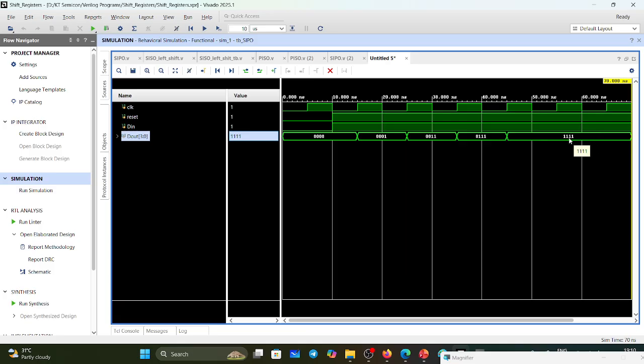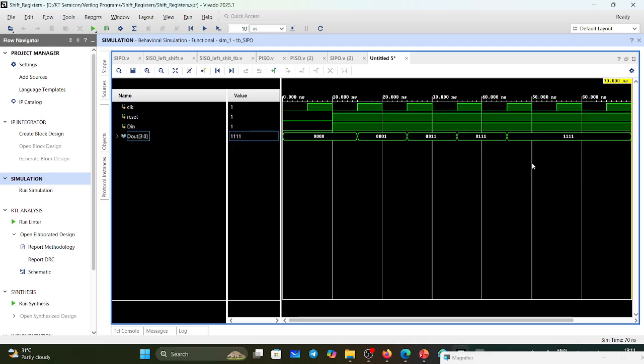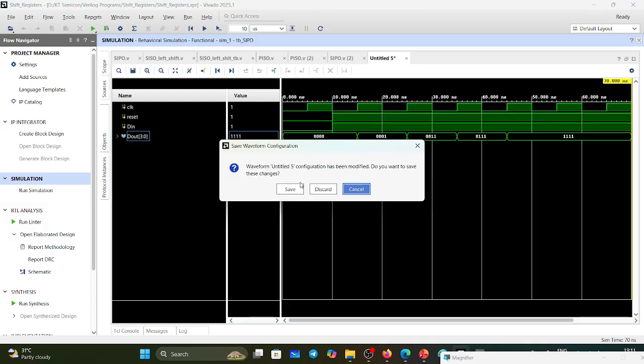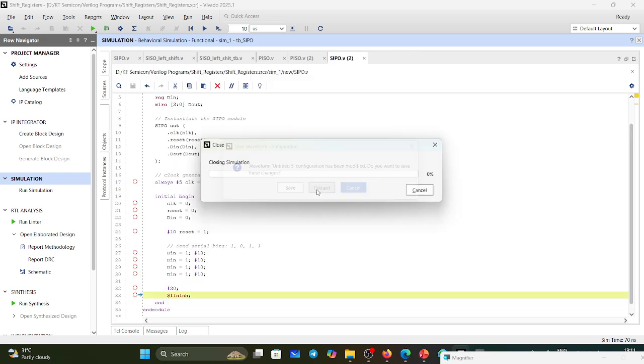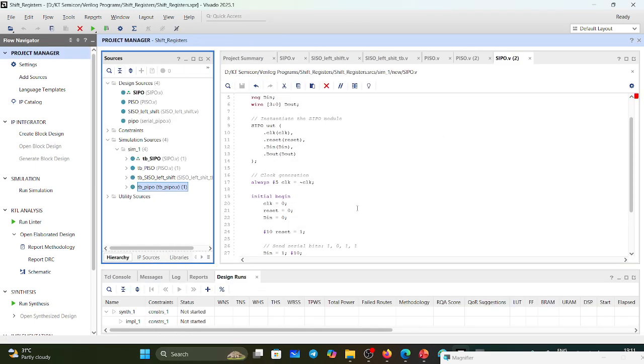So 1111 it is coming at D out. Okay, so like this we can see. So every time 1 is coming in the D in. Okay, so this is serial in parallel out.